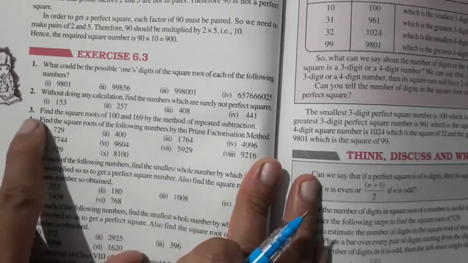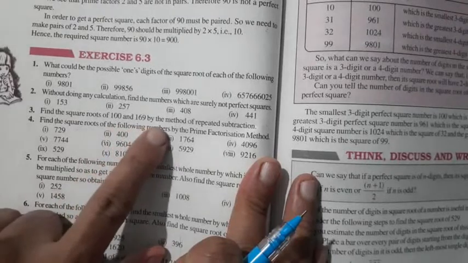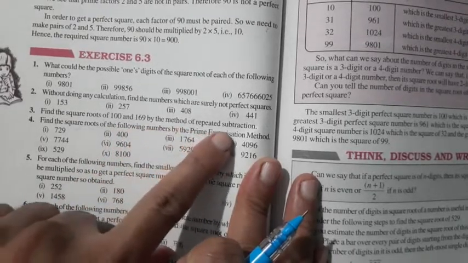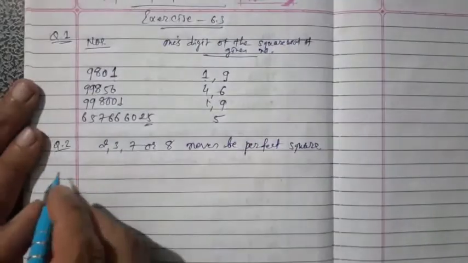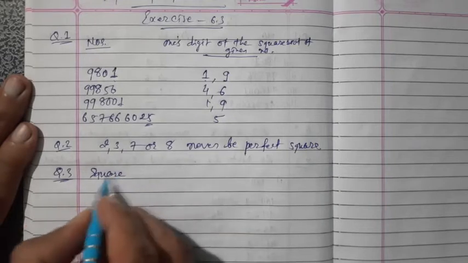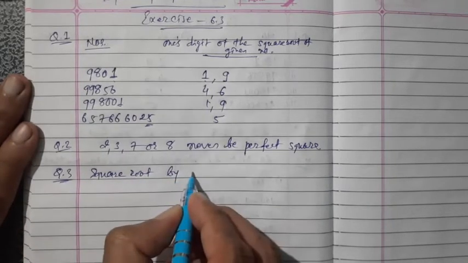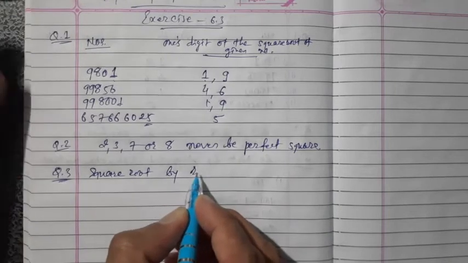Now question number 3. Find the square root of 100 and 169 by the method of repeated subtraction. Square root by which method?